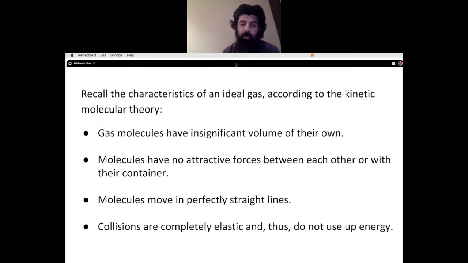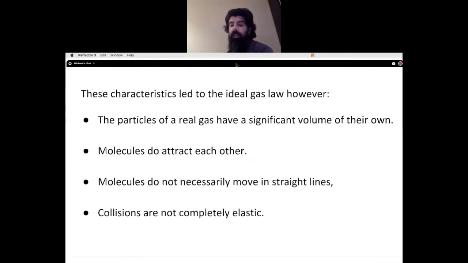So one thing to recall from 12.1 were the following. Okay, so we are revisiting the kinetic molecular theory as I stated in 12.1. Gas molecules have an insignificant volume of their own. Molecules have no attractive forces between each other or with their container. Molecules move in perfectly straight lines, and collisions are completely elastic and thus do not use up any energy. However, these characteristics led to the ideal gas.